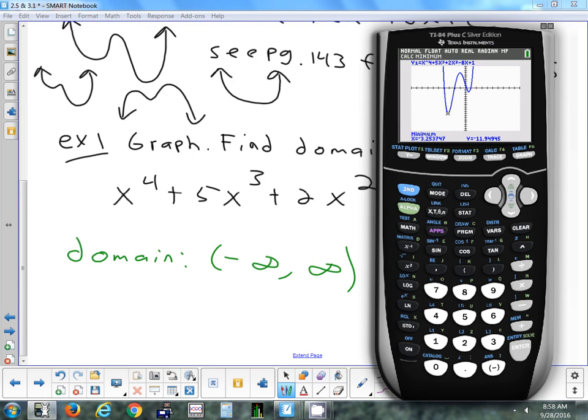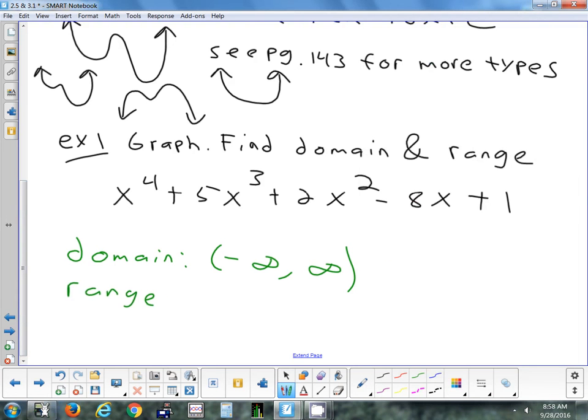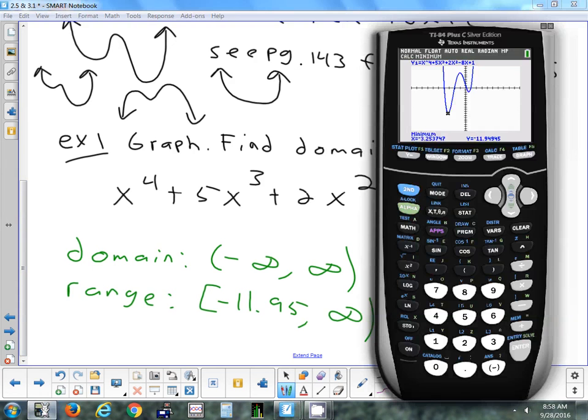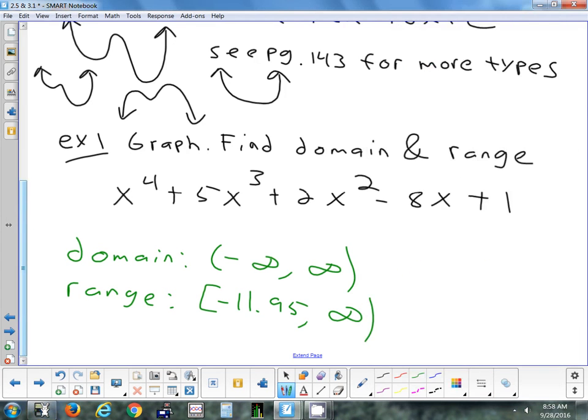And it does reach that value right where I am. So the range is negative 11.95 and up. It goes up forever. Okay, questions on the domain or range?